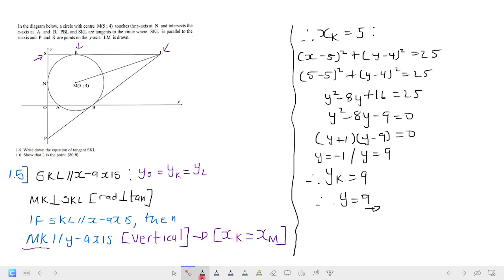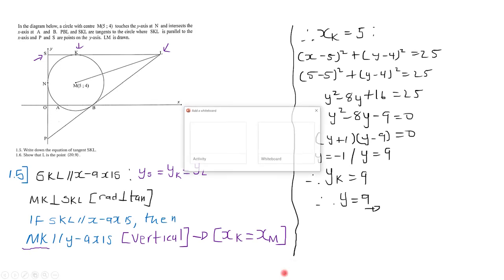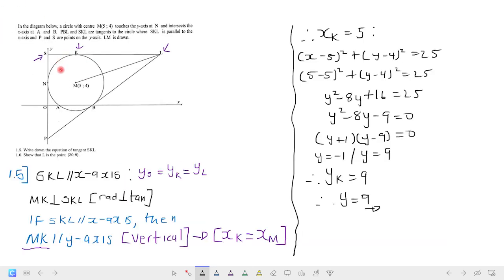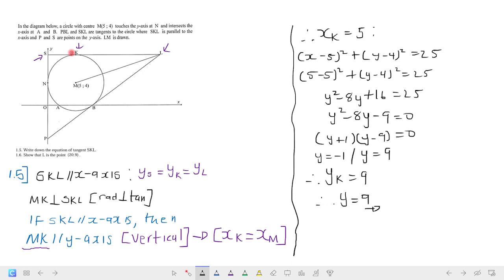So how are we going to use this? First things first, we know that the y value of L is the same as the y value of K, right? So it means it is 9. So we have the y value of L as 9, and now we can see that L is the point of intersection of SKL and ML and PBL, right?